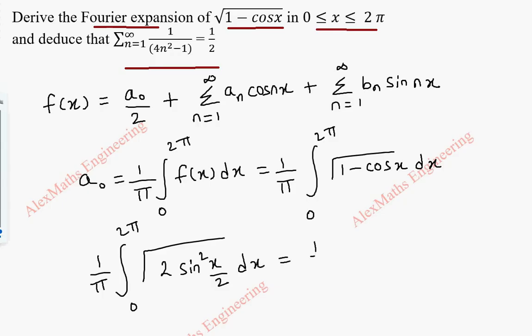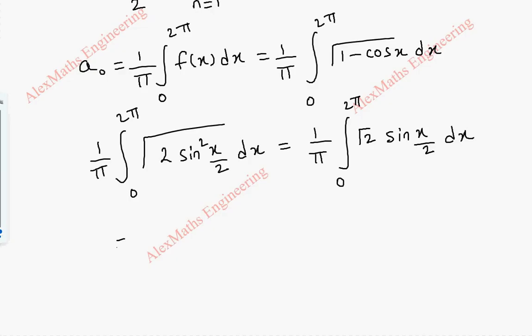Now I am going to take the square root separately for 2. So that gives root 2, and separately for sin square x by 2, that gives sin x by 2, then we have dx. Now let's integrate this. Outside we have root 2 by pi.